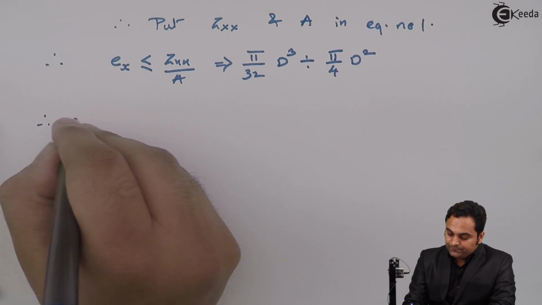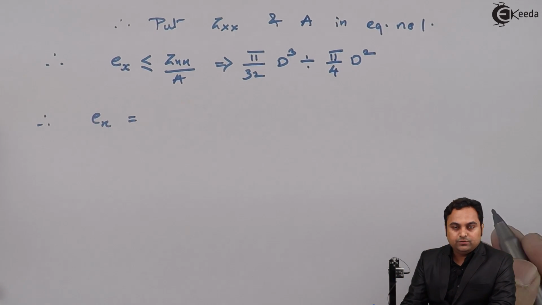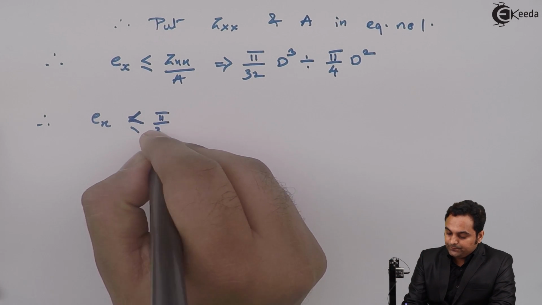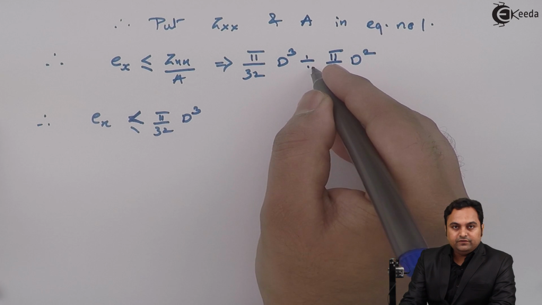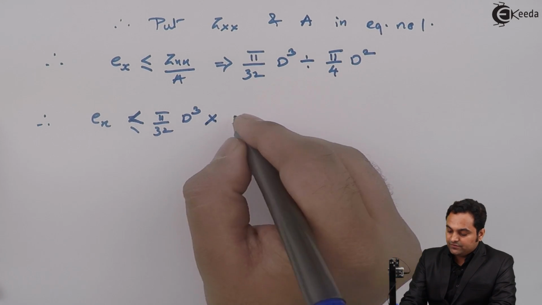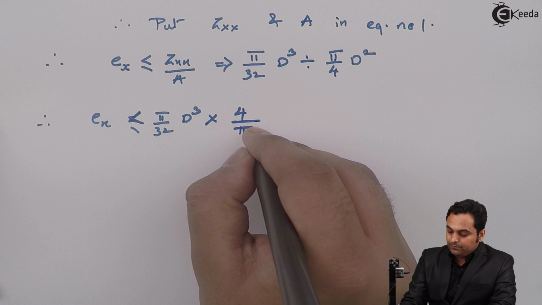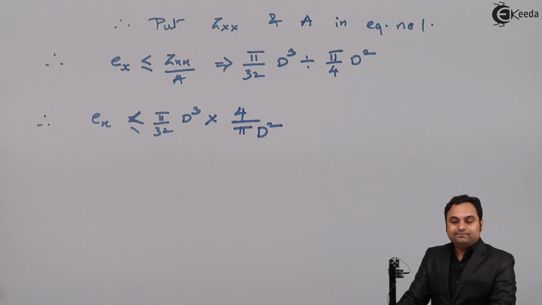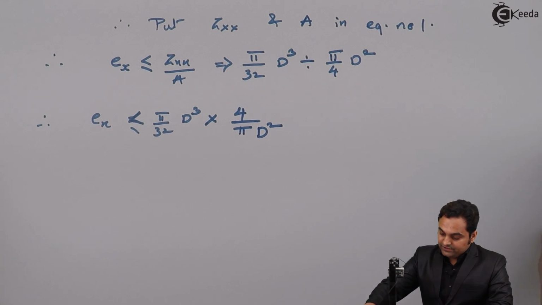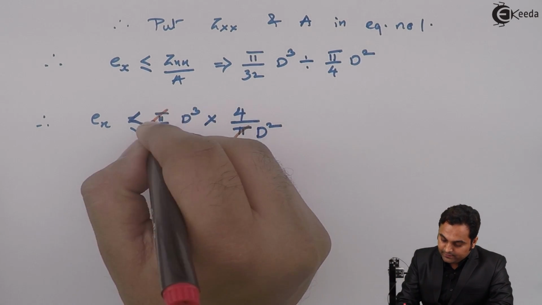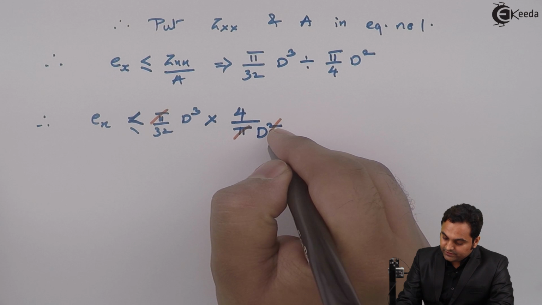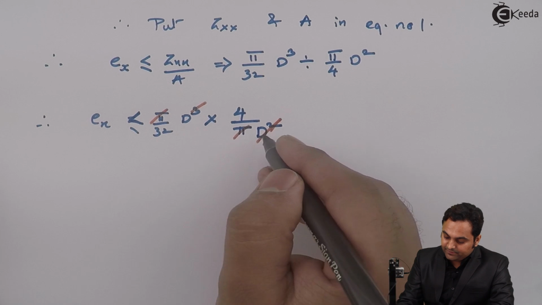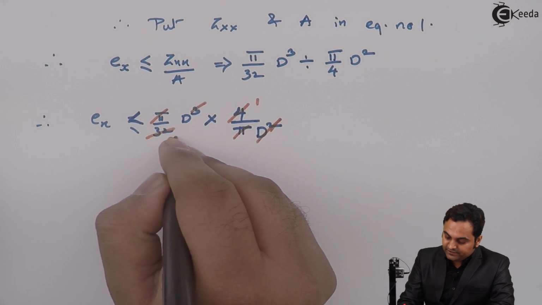So therefore Ex is less than or equal to pi by 32 D cube. Instead of division, if I write multiplication, this will become reciprocal 4 upon pi, and here we will be having D square. So now after cancellation, pi and pi get cancelled out, D square gets cancelled, so only D remains, 4 and this becomes 8.